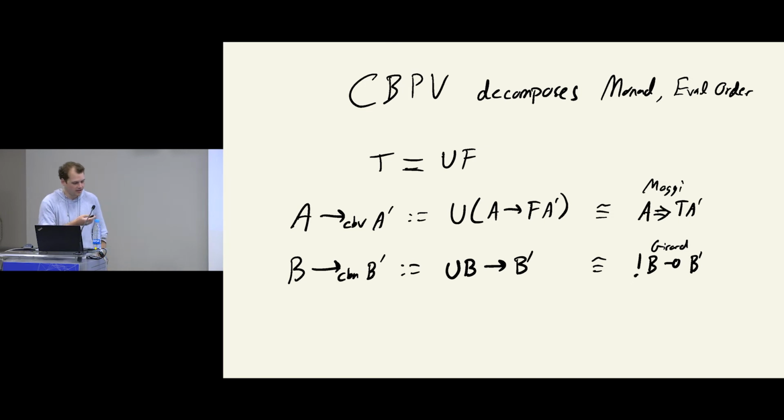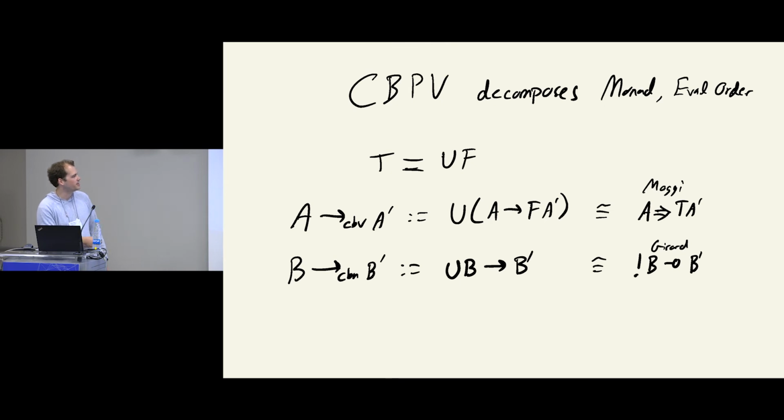And Levy, when he originally developed this, was primarily interested in showing that you could embed call by value and call by name languages in this way. So for example, a call by value function type A to A prime is a closure whose code pops an A value off of the stack and then does some stuff and returns A prime values.